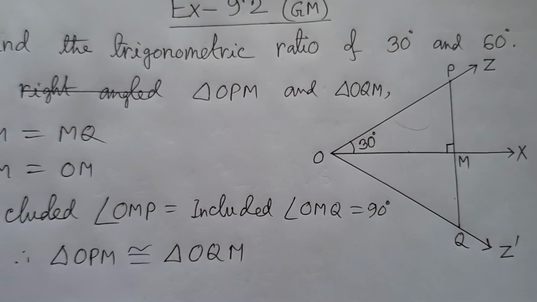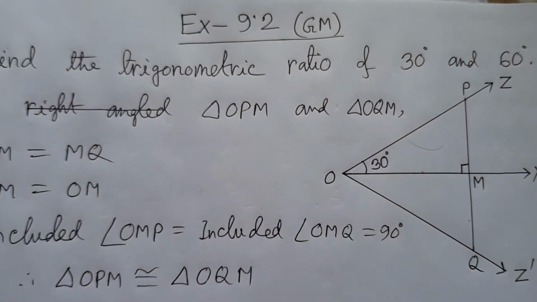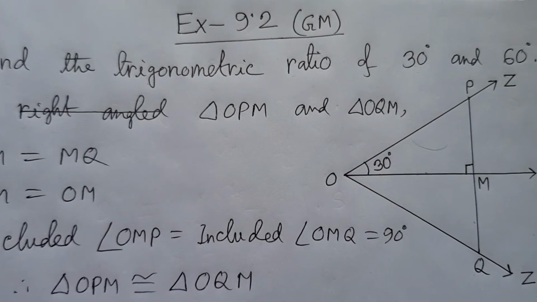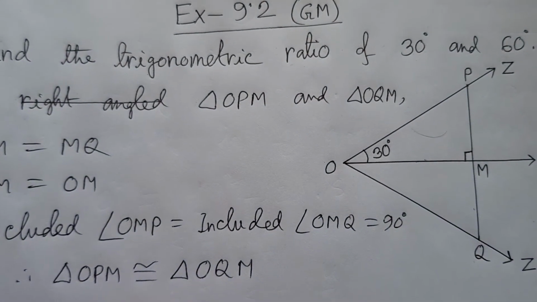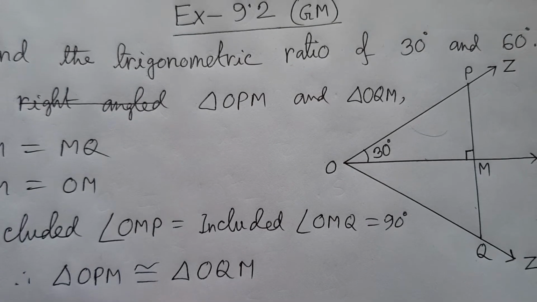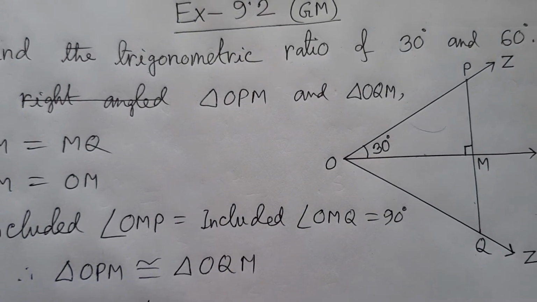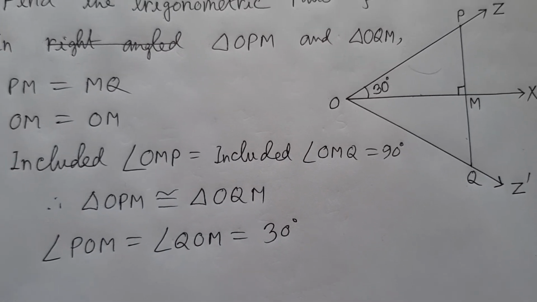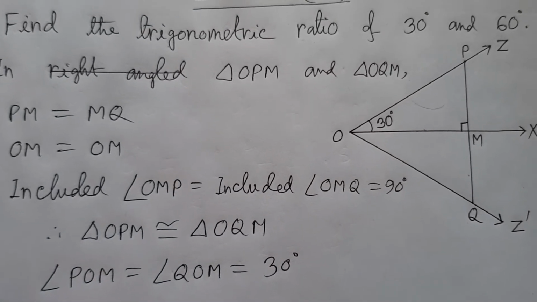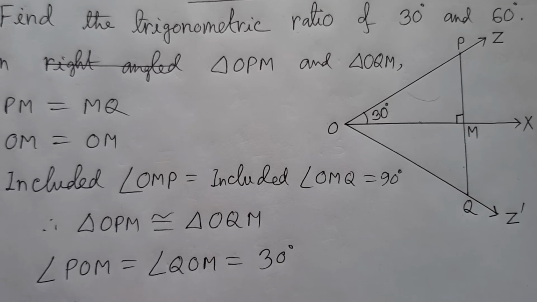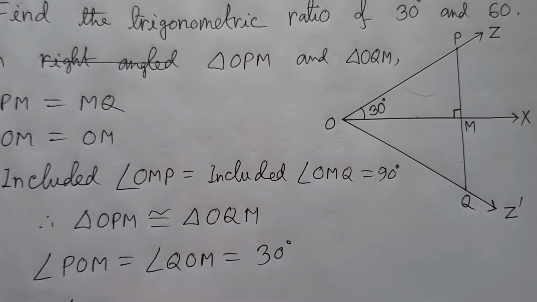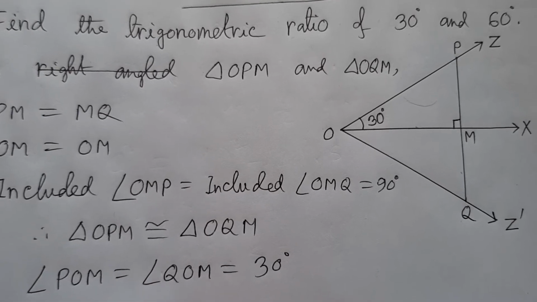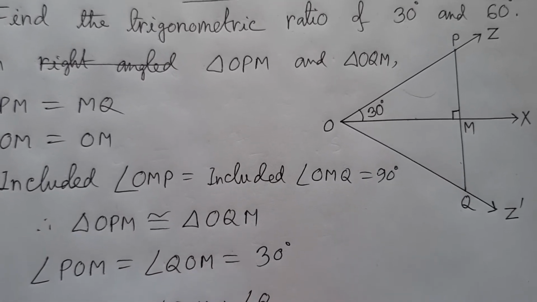So now we can say that angle POM is equal to angle QOM, which is 30 degree. Now we can write angle POQ is equal to angle POM plus angle QOM.